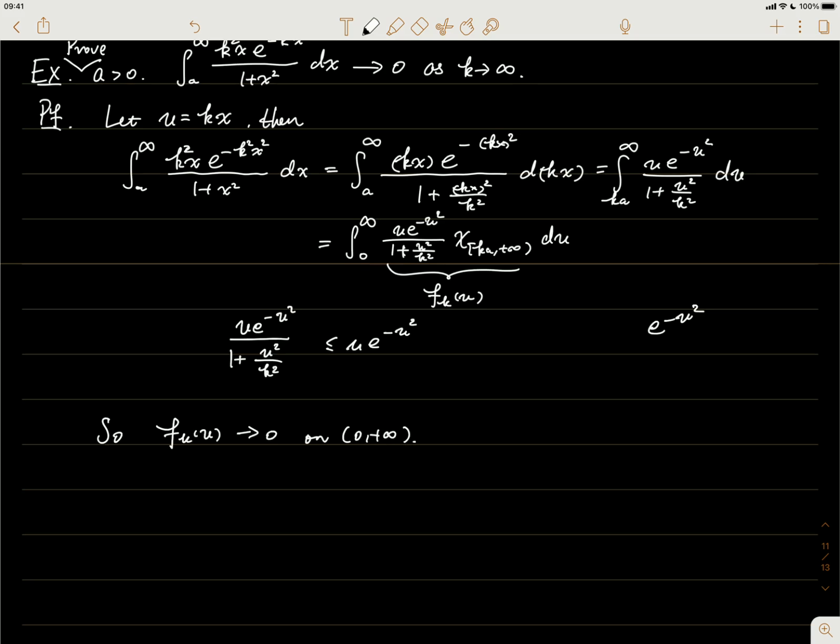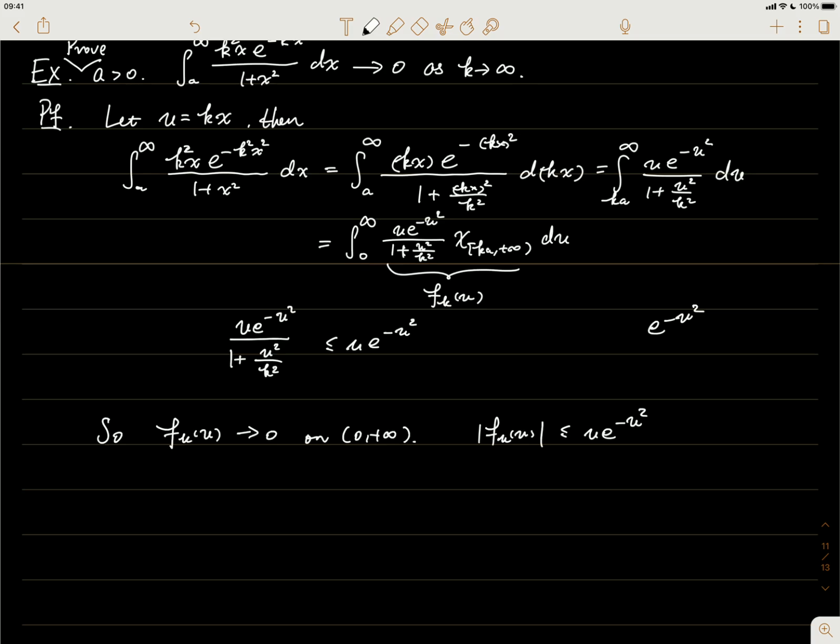On this interval, and also the f_k of u, which is already non-negative, is bounded by u e to the negative u squared, and this one is integrable, right?